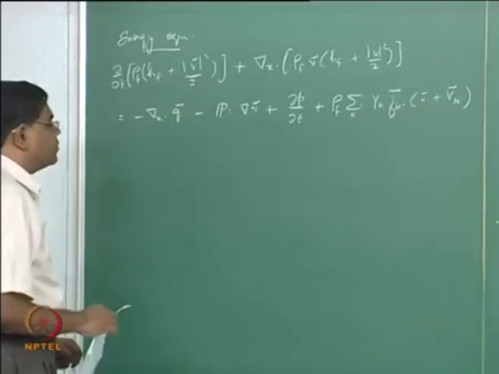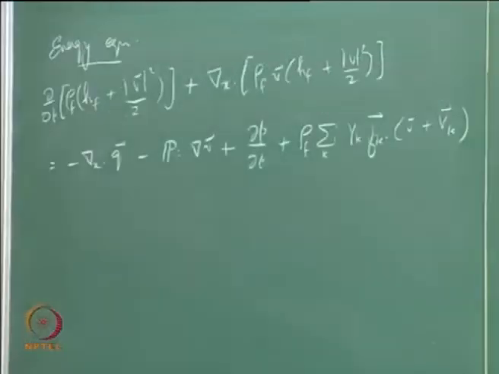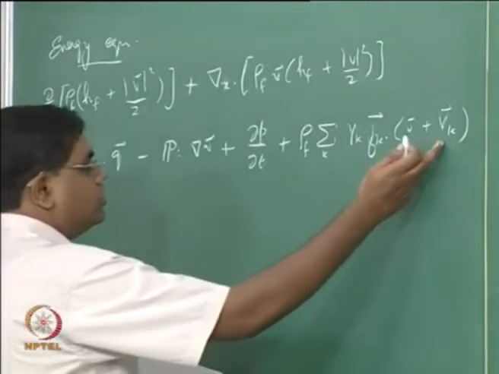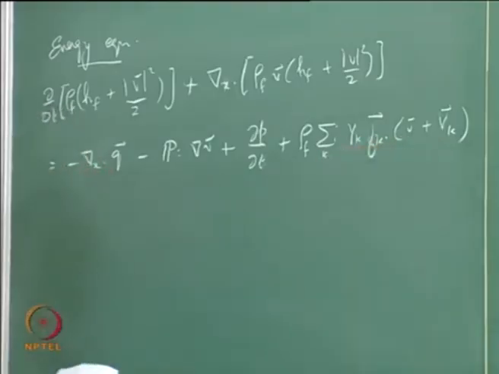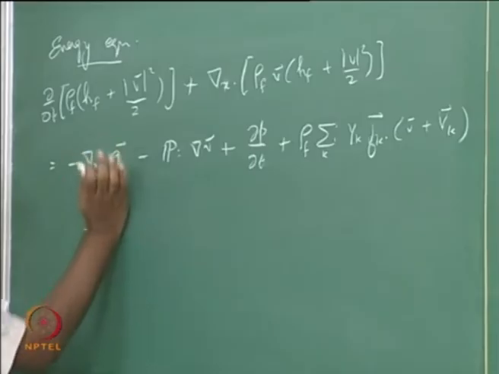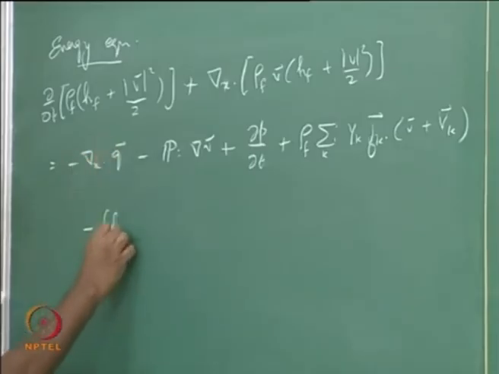So the body force acts on the actual velocity of the species, which includes the diffusion velocity as well as the average velocity of the gaseous mixture. Minus, then you have a couple of terms that are specific to droplets.